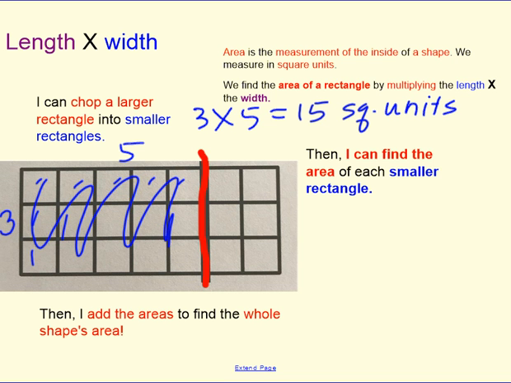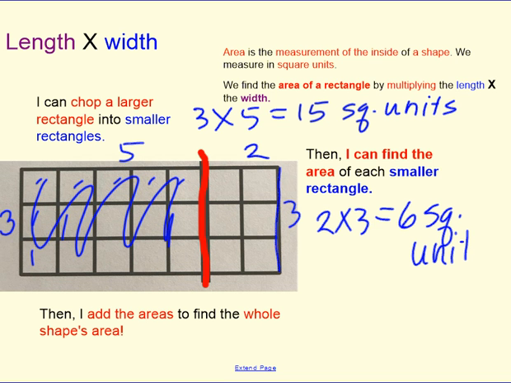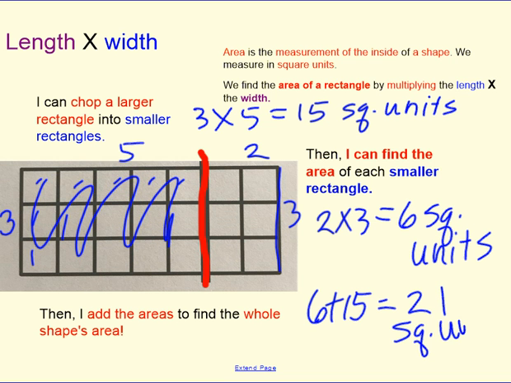Then the next rectangle, this is a 2 by 3. 2 times 3 equals 6 square units. That's the area of the smaller one. Then I can add that together, and if I have 6 plus 15, I could add the areas of the rectangles together to get an area of 21 square units.